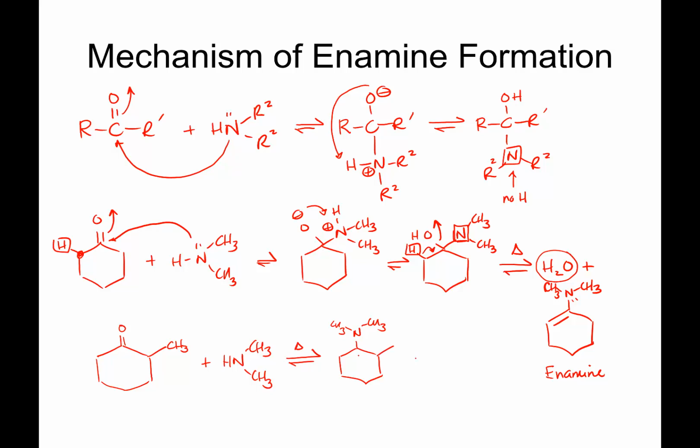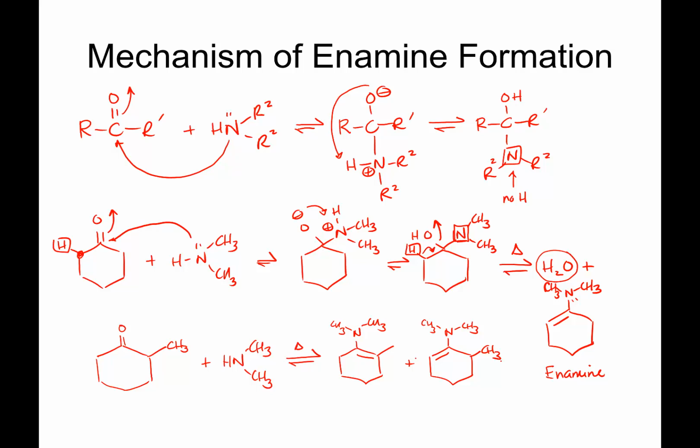I could first form the double bond to the carbon with the methyl group. Or I could form the double bond to the other side. Well, we now have two products. Which one is the major product?